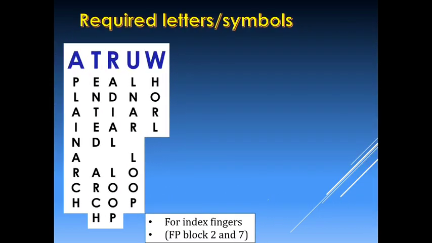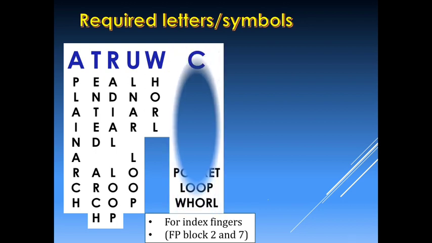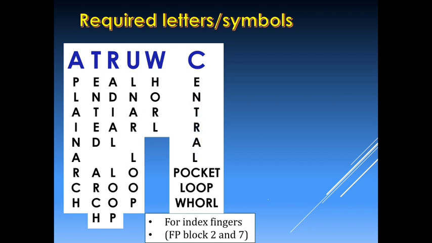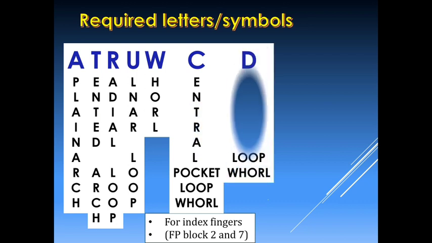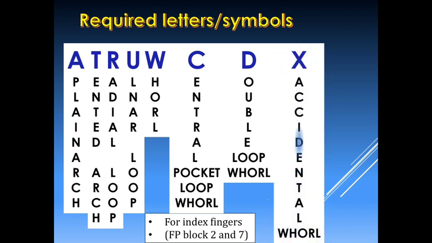In some other authors or references or fingerprint practitioners, instead of the acronym ATRO, they also use the letter C for the central pocket loop whirl. They also use the D for the double loop whirl. And we have there the X for the accidental whirl.